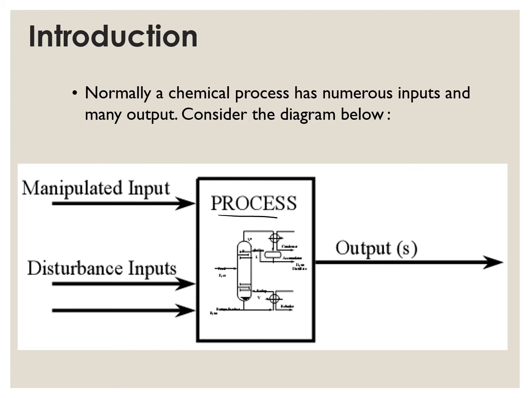All these inputs have chances to be manipulated inputs or disturbance inputs. Recall from the previous lecture, these inputs are raw material. When we feed them into the process, it is used to turn the raw material into the output, which is our products. This output normally is a mixture of all those inputs.